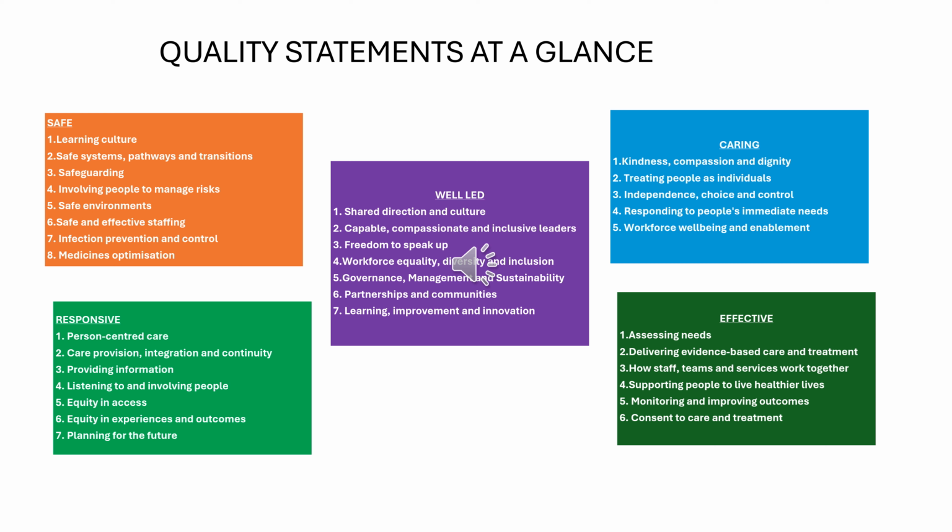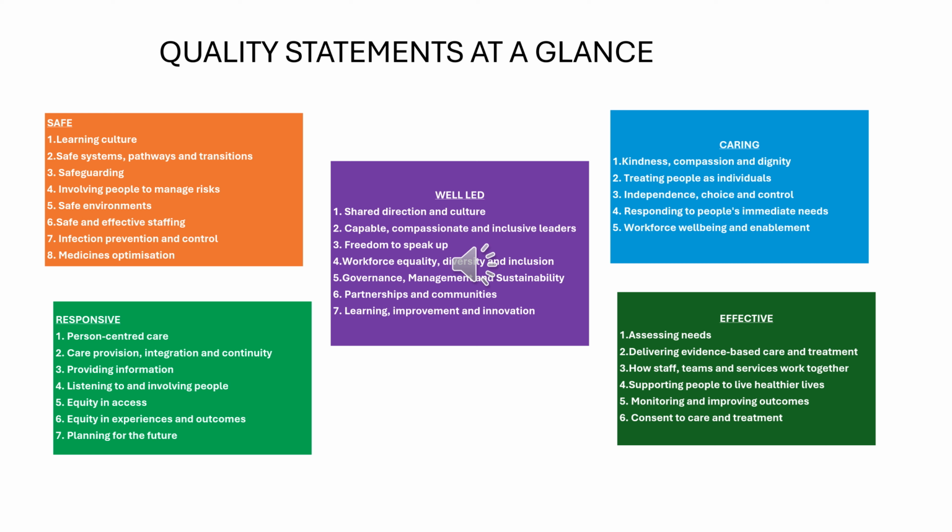However, the quality statements will contain some duplication of evidence. Do not be surprised by that. In particular, things like complaints will be covered under learning culture, as well as under responsive, listening to and involving people, and could equally be covered under governance, management and sustainability.